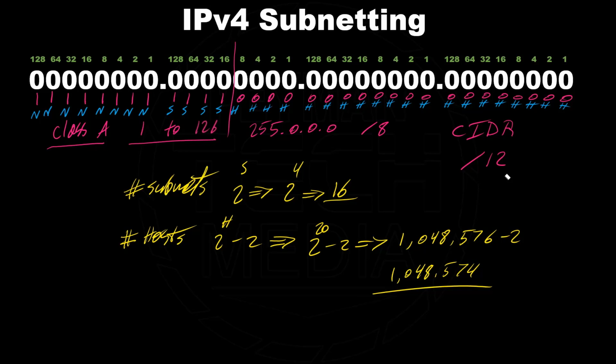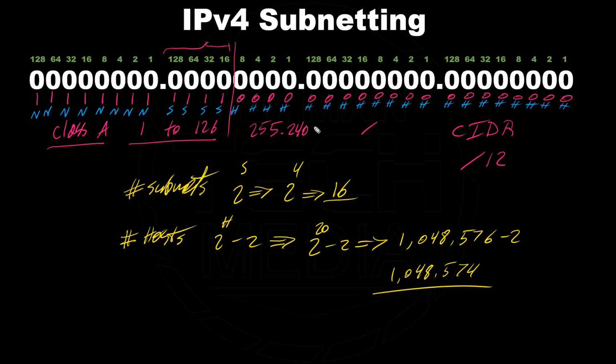With this CIDR notation, I'm going to go ahead and erase all this. It will give us a new subnet mask. So let's convert this binary to decimal. All 8 bits turned on in the first octet, that's 255. So our new subnet mask would be 255 dot. On the second octet, we have these 4 bits turned on, so we just need to add these 4: 128 plus 64 plus 32 plus 16.